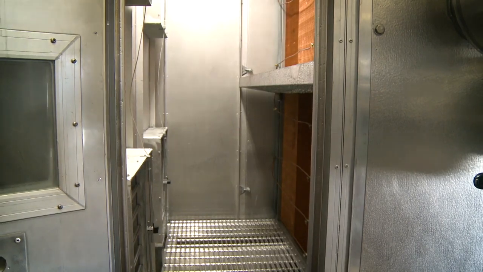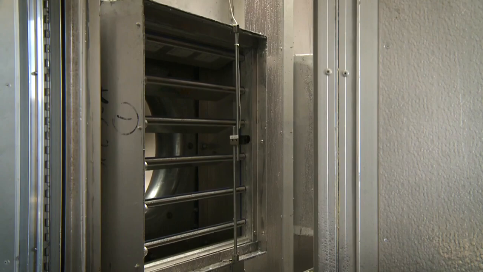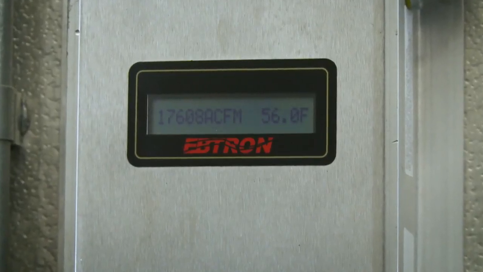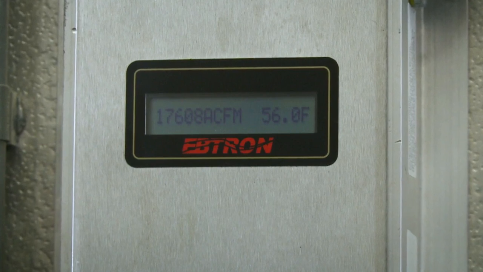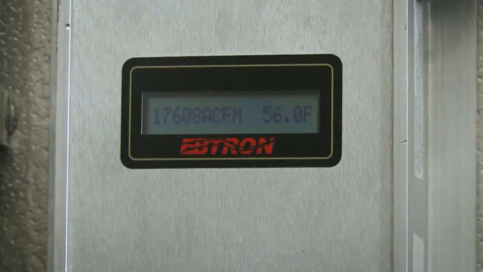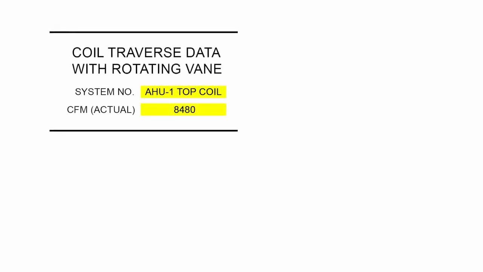Each of the 4 fan inlets has a flow station, which is totalized to give the actual airflow. The Ebtron flow station's actual airflow for both the top and bottom unit totalized is 17,608 cubic feet per minute. The AHU1 top coil actual CFM is 8,480.